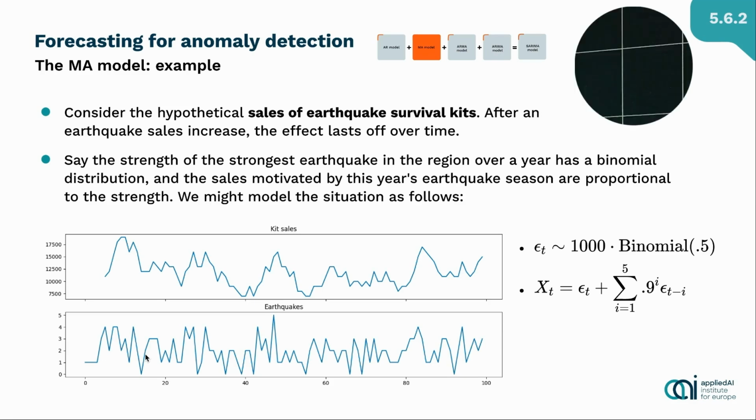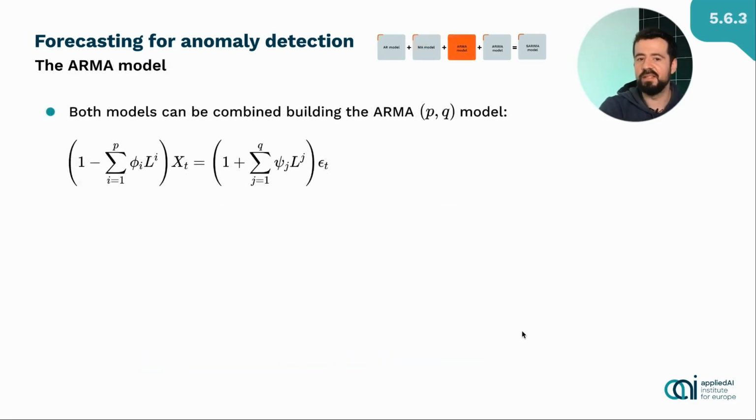So now let's combine these two models, the autoregressive model and the moving average model. In this case, we basically just plug these two equations together. On the left side, we have this linear combination on the xt, while on the right side we have this linear combination on the epsilon t.